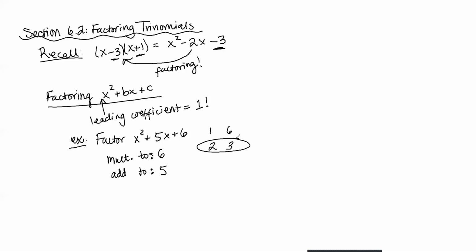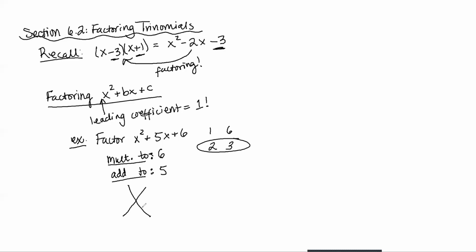One other thing really fast that I do want to show you is the big X method. This is something you might have seen before. You might not have. If you don't want to use this, you don't have to. It's just a way of organizing your numbers. You can always write it out like this with multiply to and add to, or think about it in your head. I think it's always nicer to write stuff down on paper so you can see your work.